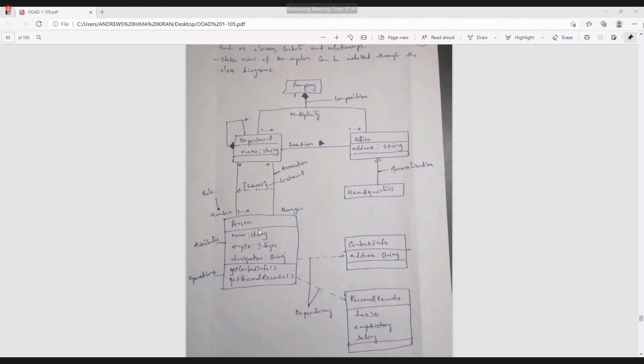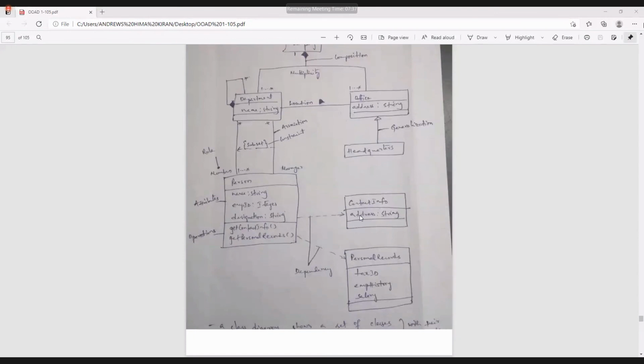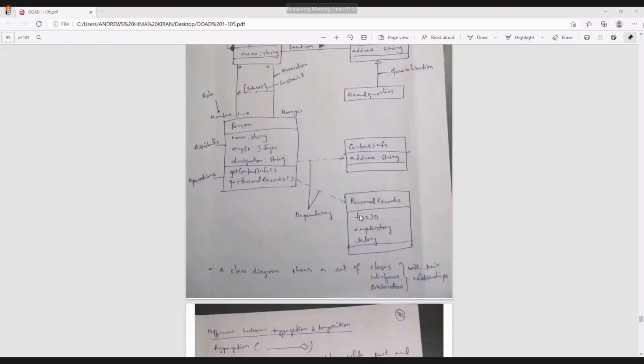Next, headquarters can be generalized as office, and 2 separate classes like contact with the person is a dependency relationship.